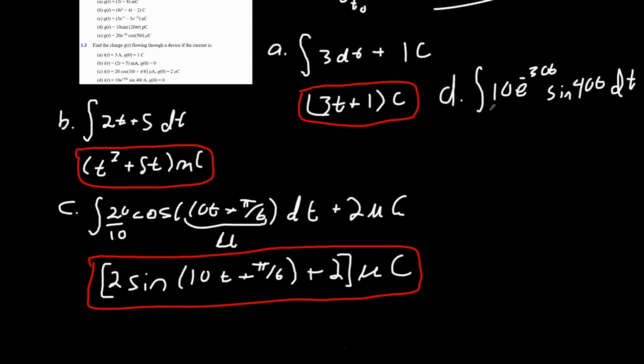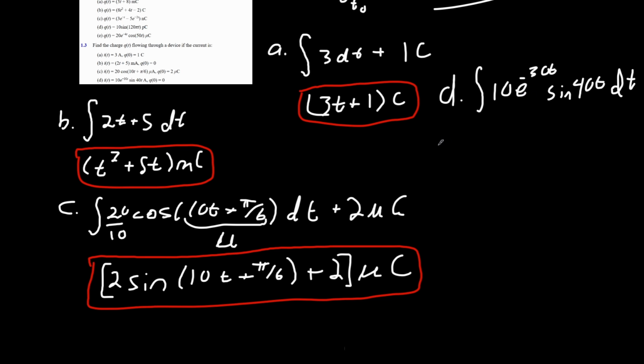However, we want to recognize it in its standard integral form. For this one, we can use integration by parts, or just recognize it as a standard integral of the form where we have an exponential and then a sine function.